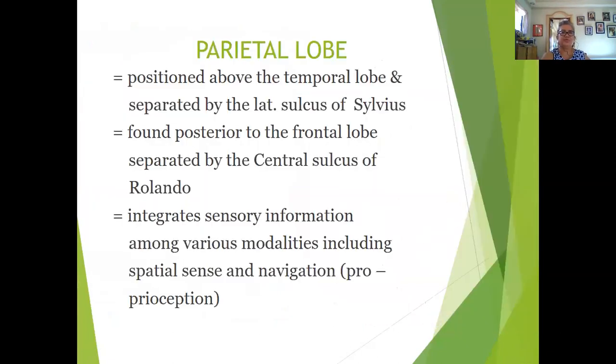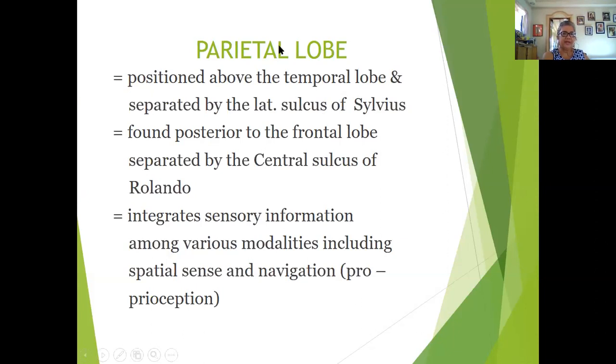So we go now to the lobe of the cerebral hemisphere which is posterior to the frontal lobe and posterior to the central sulcus of Rolando. This is positioned above the temporal lobe and separated by the lateral sulcus of Sylvius.